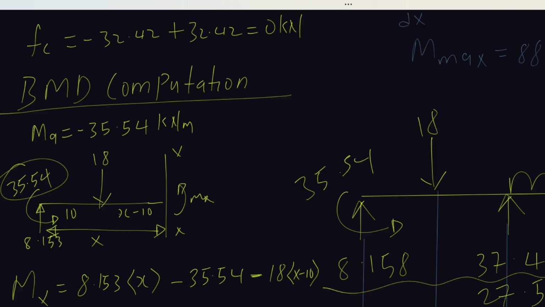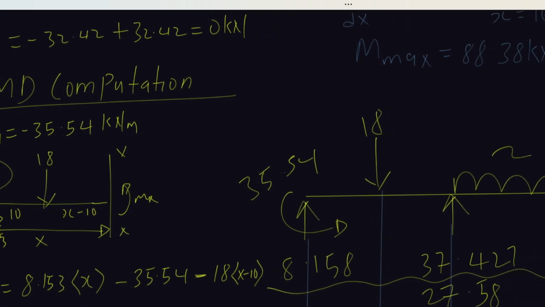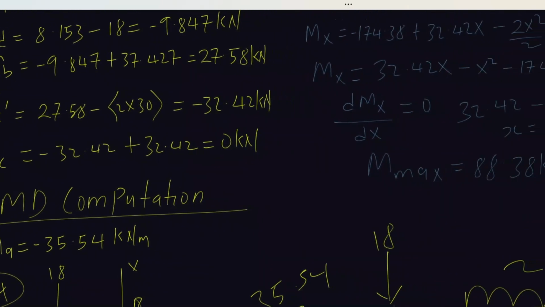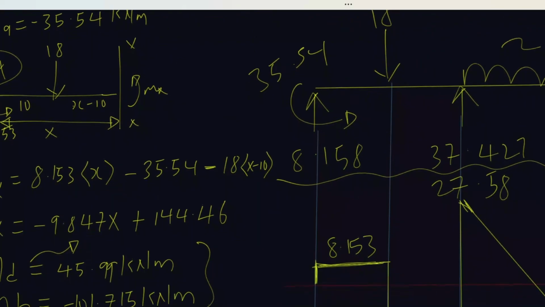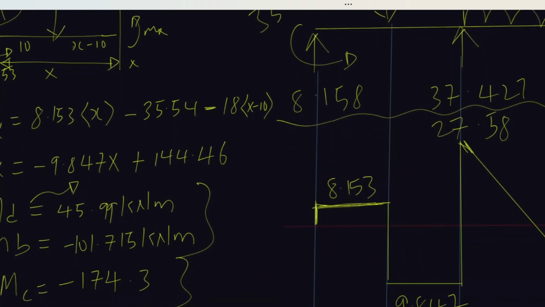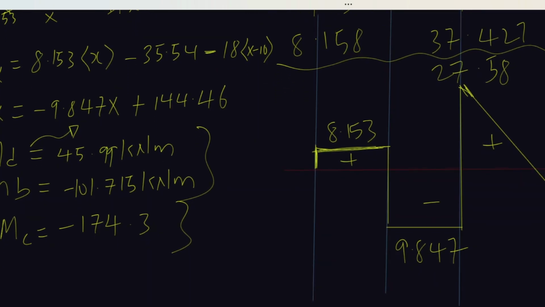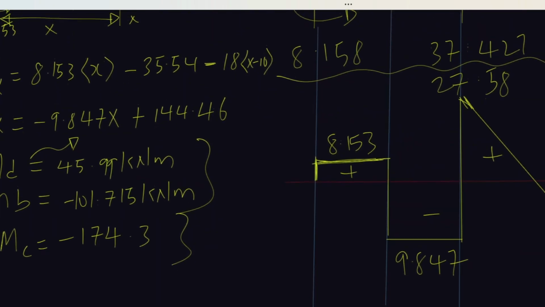So don't mistake it, 27.58. C prime is 32.42. Right, this is positive, negative, positive, negative. So that is for shear force.